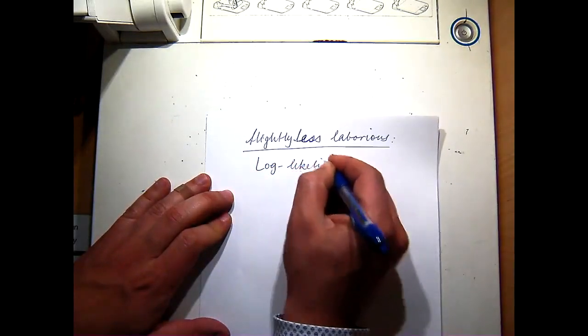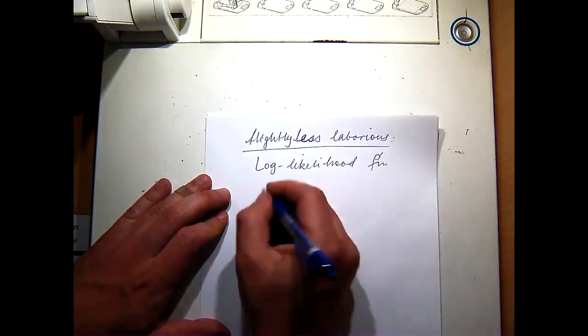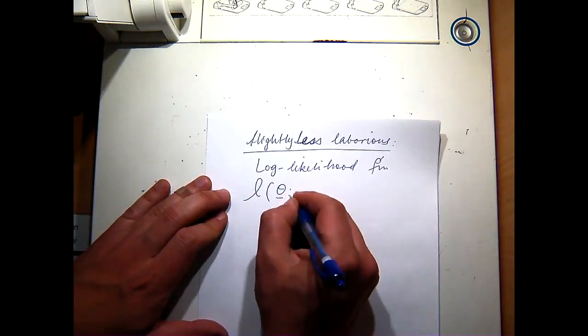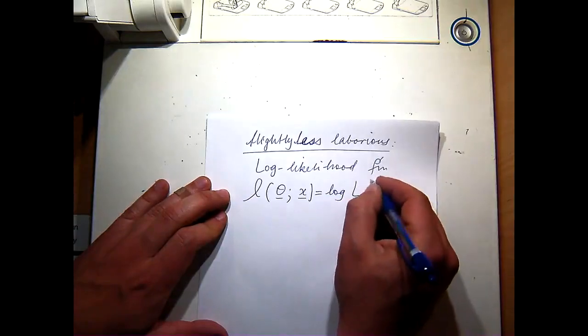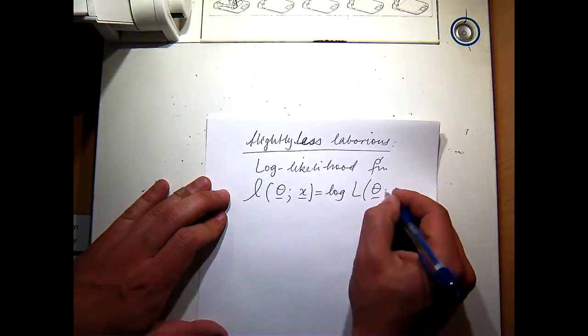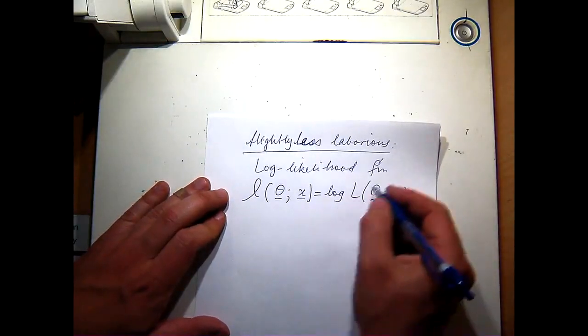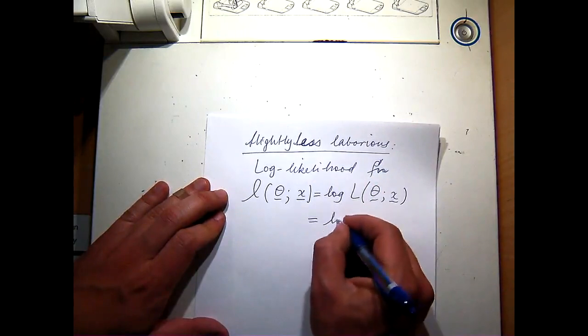Now, there's nothing sophisticated here, because the log likelihood function, little l of theta given the observation x, is equal to the log of capital L of theta given x. Maybe often people assume that that's log base 10, but we're grown up now, so no one has any use for log base 10.